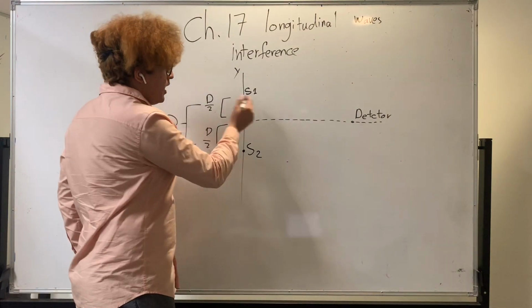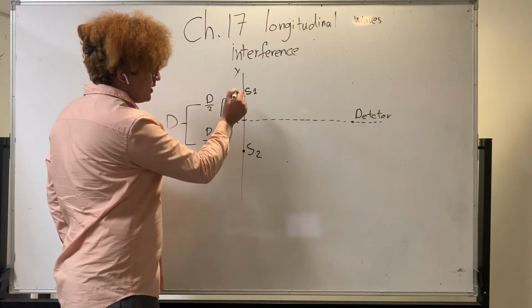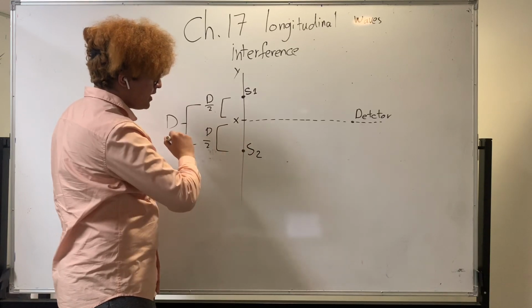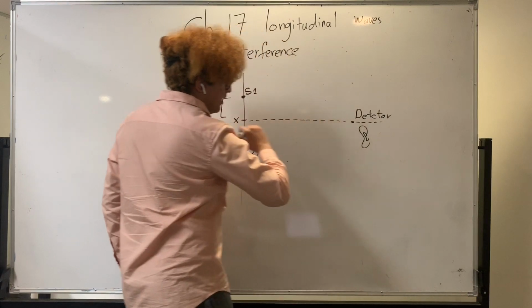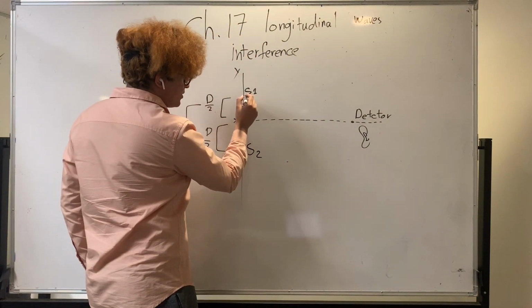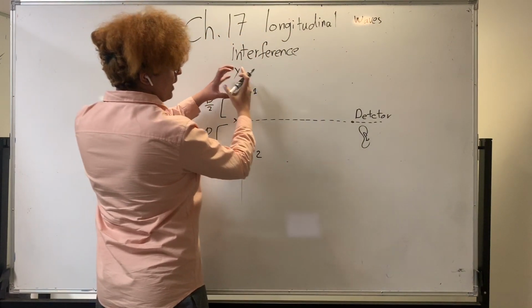Okay, so if we have a source of sound waves here, and we have another source here, and we have a detector here, say a human ear, the waves will be traveling in a spherical manner.